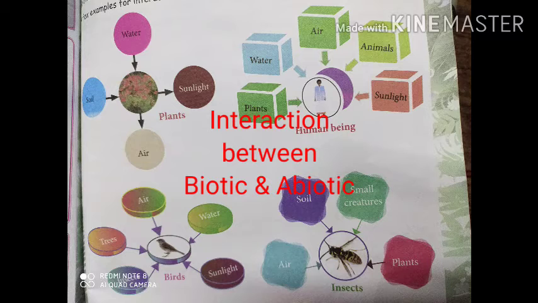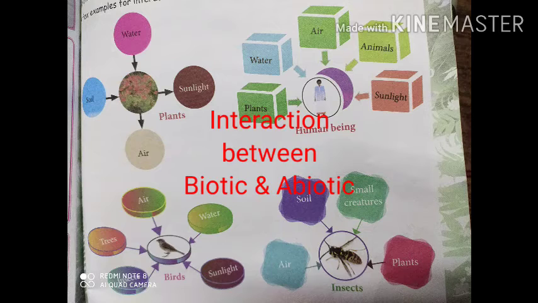Now see, all biotic factors depend upon abiotic factors for their living. How is it depending? How are the living things depending on the non-living things? Biotic and abiotic factors are linked to each other by the flow of energy through food.